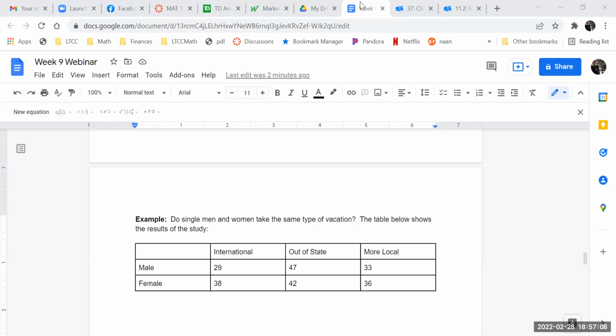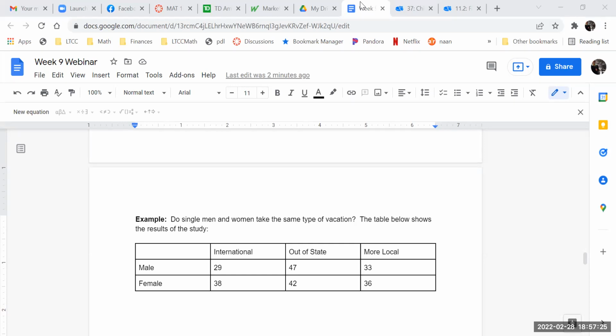Okay, good guess, but not quite. It's a bit subtle that it isn't, because we're looking to see if men and women have a different distribution of type of vacation they take. Okay, does that make sense?